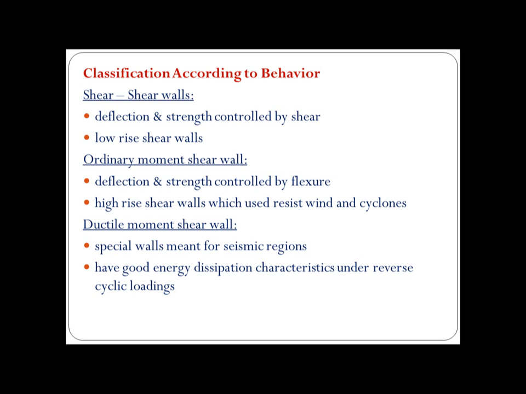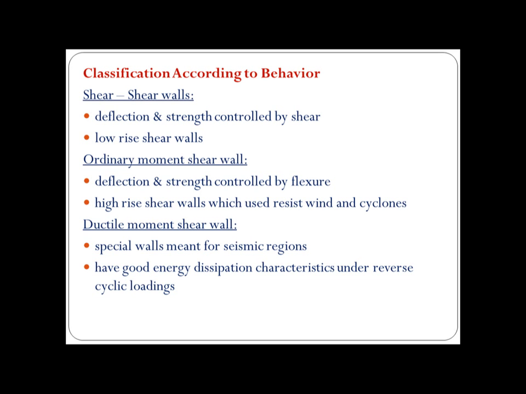Ordinary moment shear wall, where deflection and bending come into the picture. So flexure is the major behavior rather than shear. These are used for high-rise buildings where wind and cyclones are the major lateral forces.